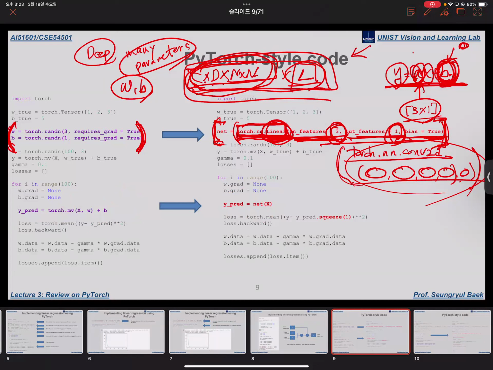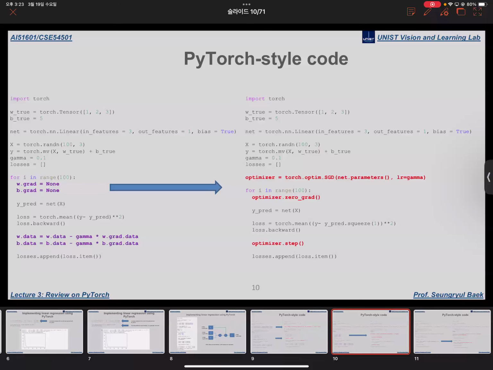Okay, and also next, previously, there are a few more changes you have to make. So here, you already remember that the W and B are initialized by yourself.